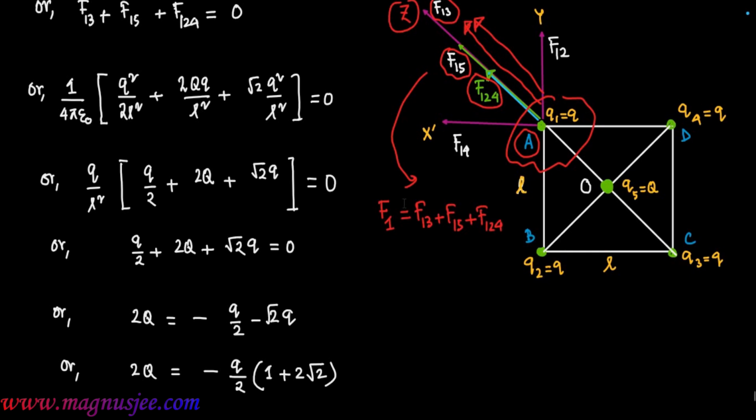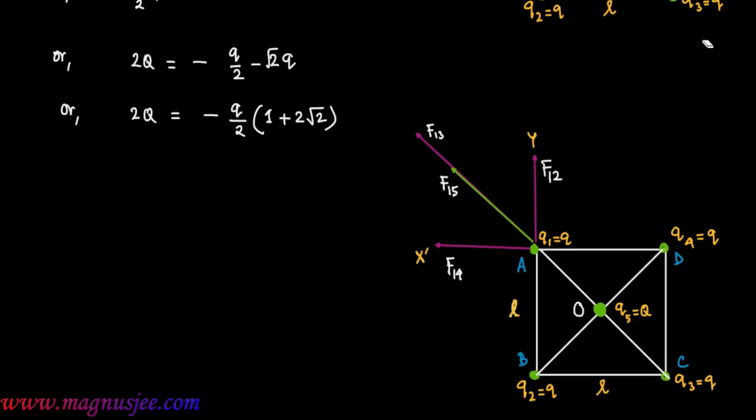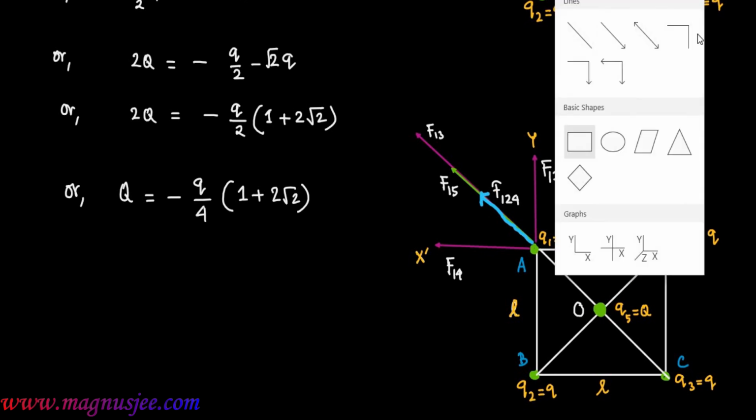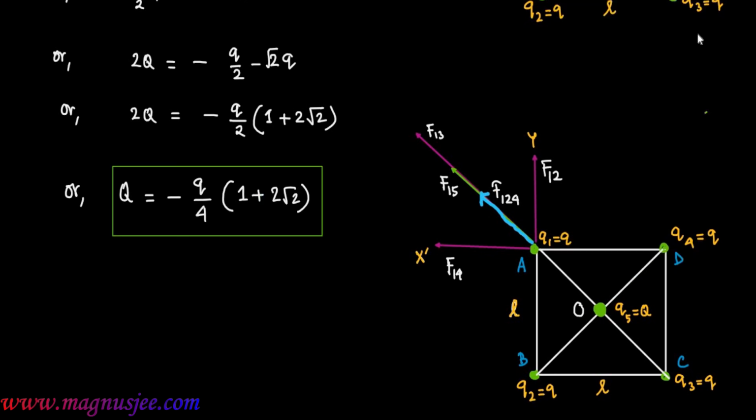That is the resultant force experienced by the charge Q1 at the corner A. Capital Q equals minus q by 4 under bracket 1 plus 2 root 2. This is the value of the unknown charge.